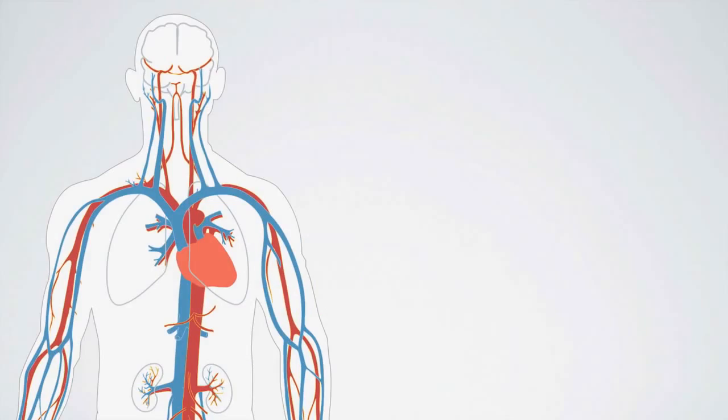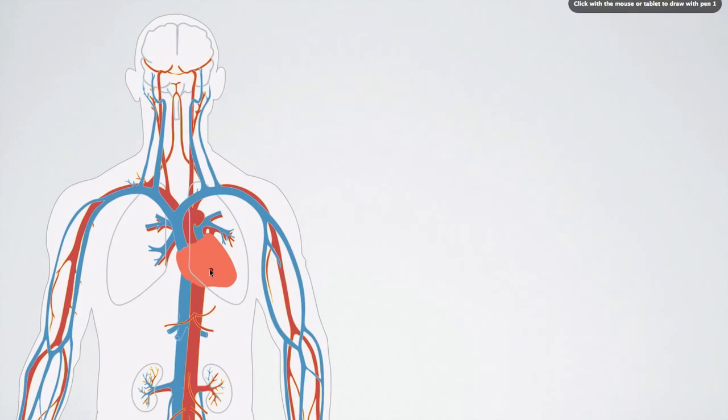So we've been talking about the cardiovascular system or the circulatory system. We have spoken a lot about the heart and the blood vessels that lead from the heart and to the heart. And we said that when the heart beats and let's say the ventricles contract, that sends the blood.